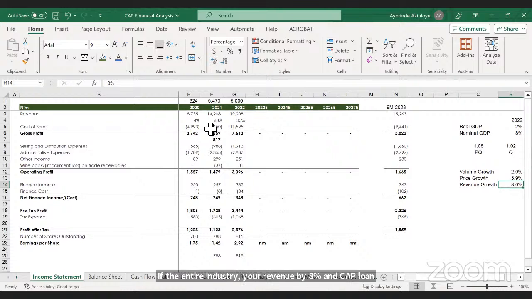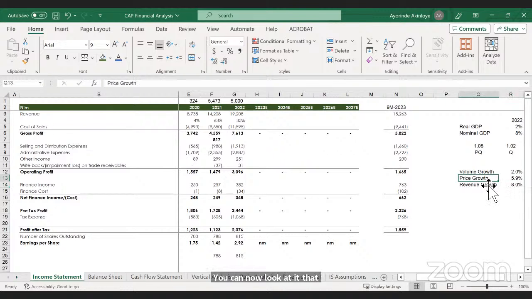If the entire industry grew revenue by 8% and CAP alone grew revenue by 35%, it means CAP grew faster than the industry. If you observe a similar trend in 2021, 2020, when you extrapolate the industry figures, and you see that CAP has been growing faster than the industry, you can ask what is making CAP grow faster than the industry. You look at price growth for the industry, 6%.